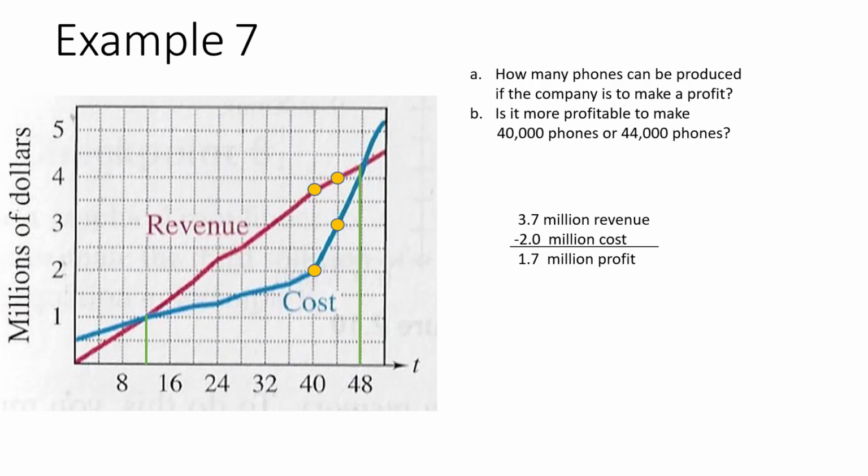Repeat the process for production of 44,000 phones. At this level, the profit is only 1 million, so there is more profit at the 40,000 phone level. This could be due to the need for overtime or more equipment to achieve the higher production level, eating into profits.